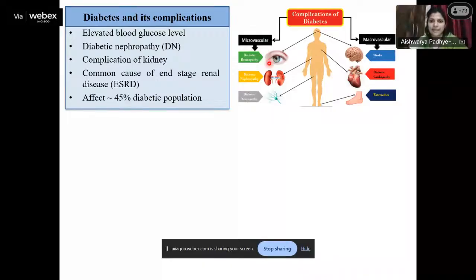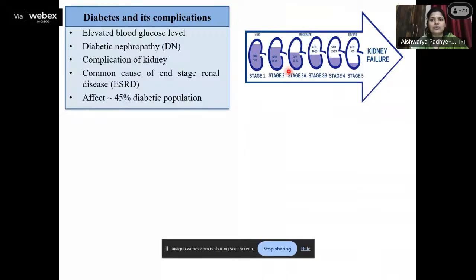So diabetic nephropathy is one of the complications of diabetes mellitus associated with kidney damage. The damage progresses to end-stage renal disease, which is a common cause of kidney failure among 45% of the diabetic population.